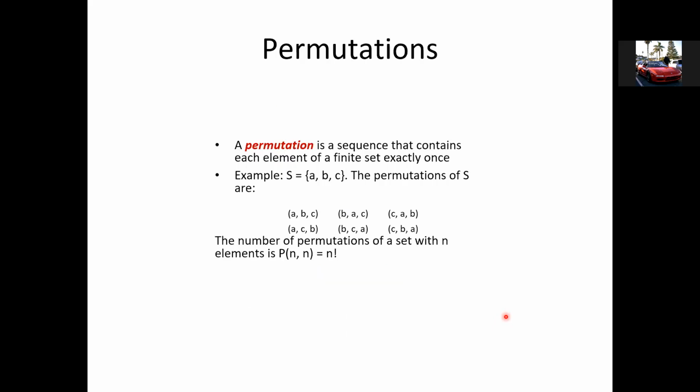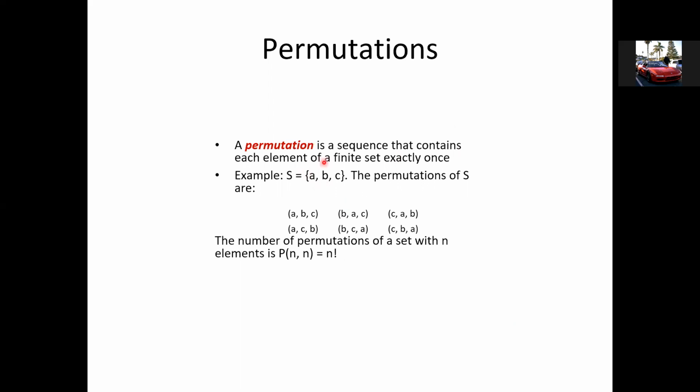So this r-permutation is related to the notion of permutation, right? A permutation is a sequence that contains elements of a finite set, but exactly once. A permutation over some set is an n-permutation, where n is the number of elements in the set.